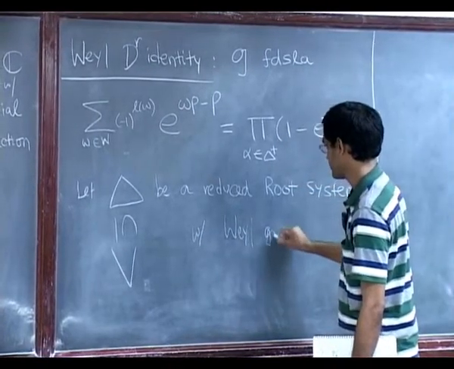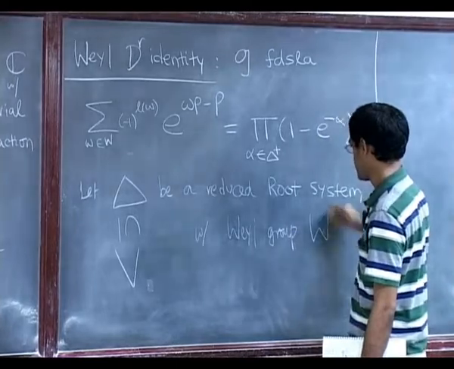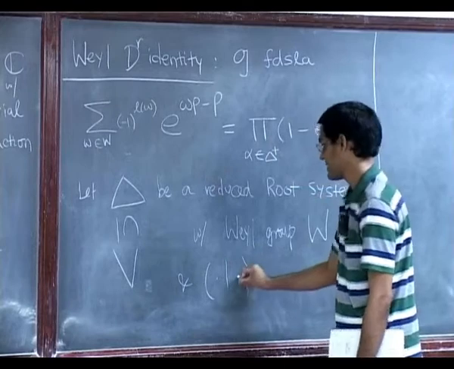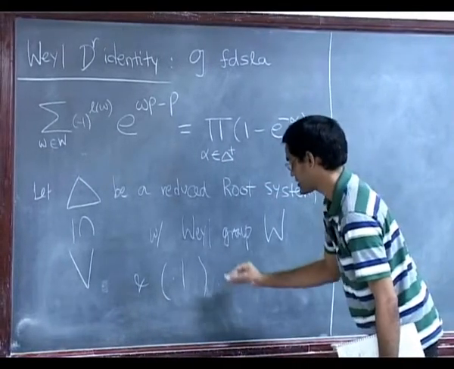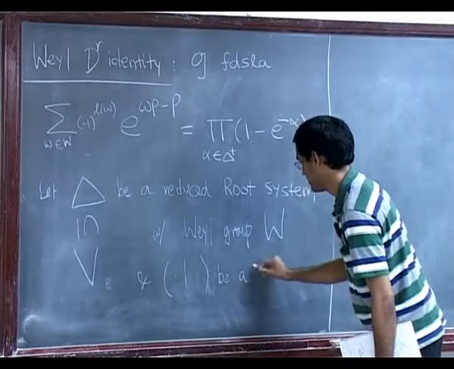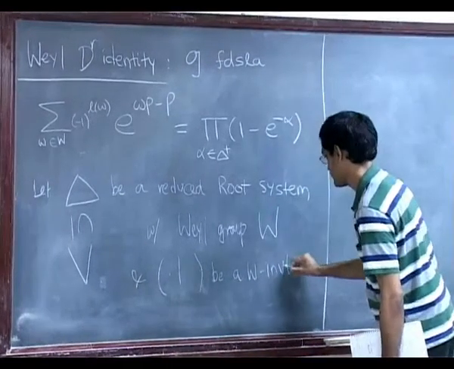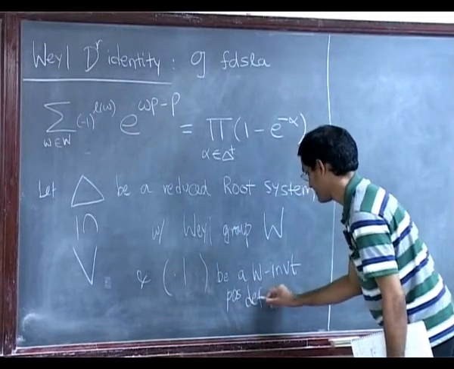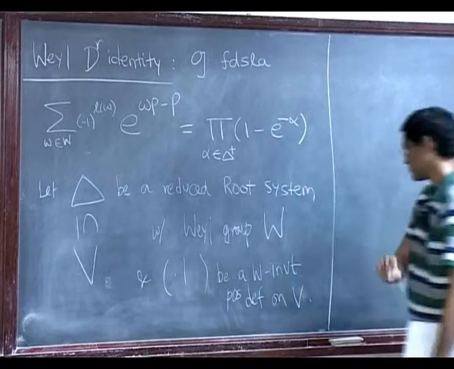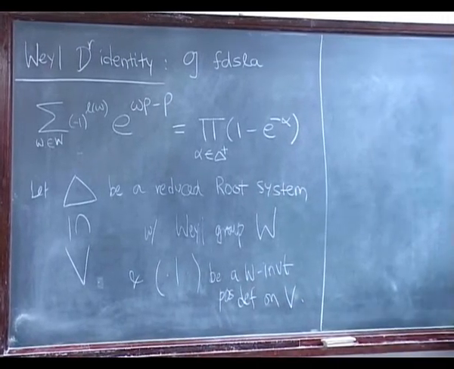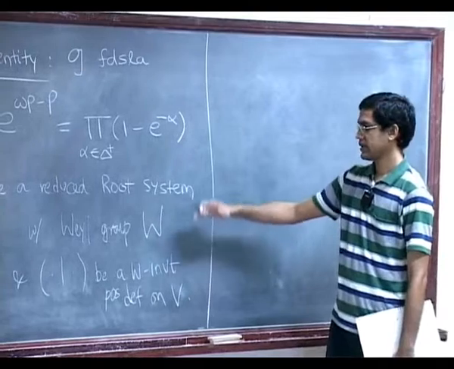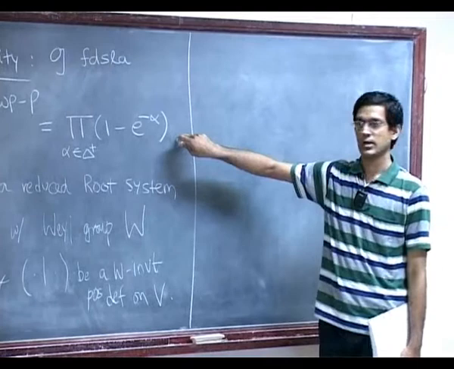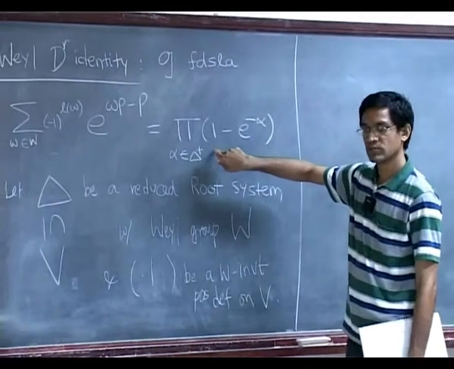So as soon as you have a root system, you have a Weyl group, and let's say there is a form, and we also saw the Weyl group being finite implies there is an invariant form, and let this be a W invariant, positive definite form on V. Now, given this data, you can already make sense out of this identity, because one side just involves all the positive roots of your root system.